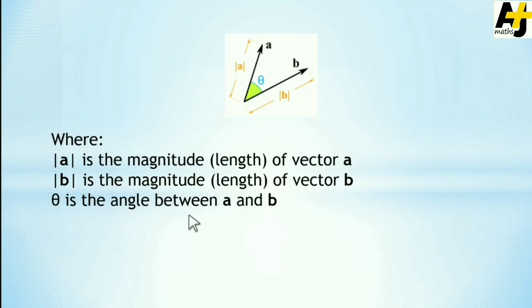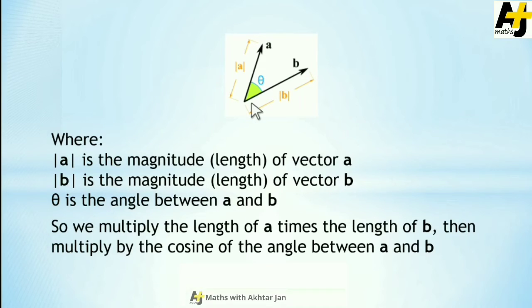Theta is the angle between a and b. So we multiply the length of a times the length of b, then multiply by the cosine of the angle between a and b. This is the formula for the scalar or dot product.